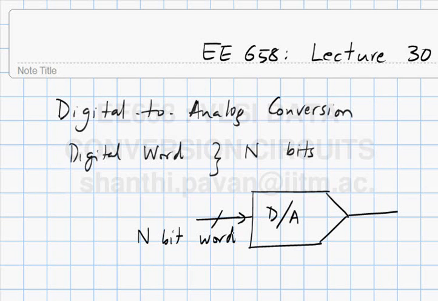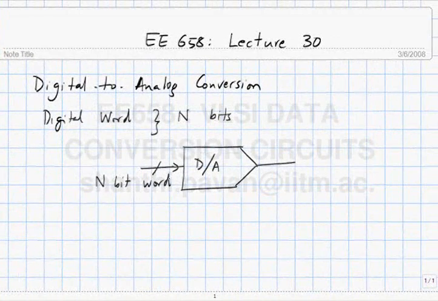It could be voltage, it could be current, it could be charge, and the analog quantity is, within quotes, proportional to the digital code that you put in. So if it's an n bit word, there must be at the output 2 to the n distinct levels.